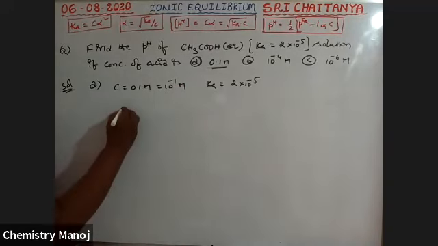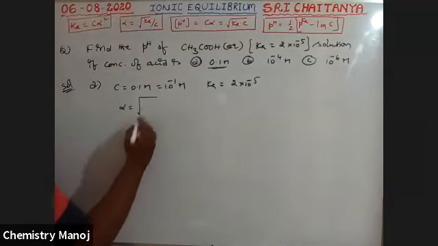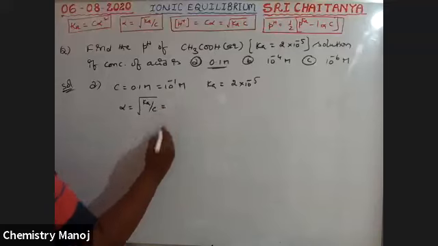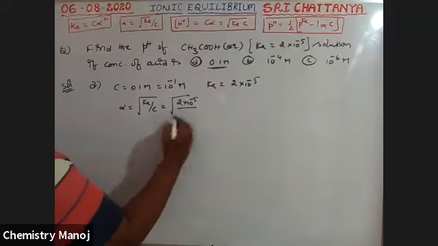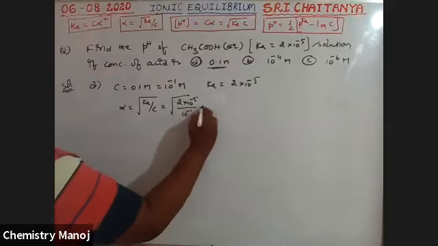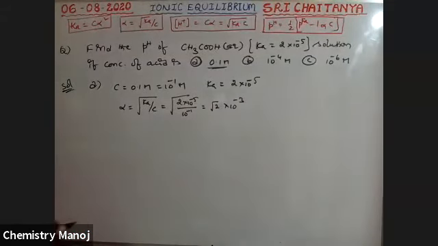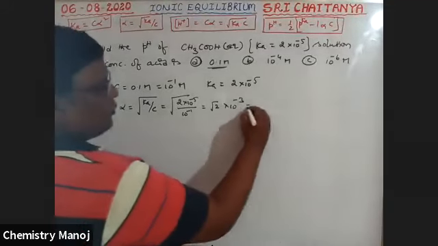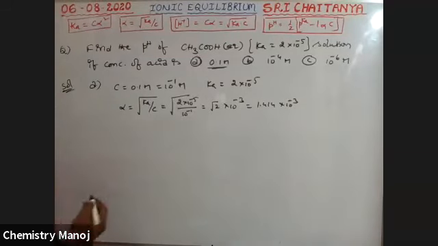Now I am calculating the alpha value. Alpha is equal to under root Ka by C, that is under root 2 into 10 power minus 5 by 10 power minus 1, which is equal to root 2 into 10 power minus 3, which is equal to 1.414 into 10 power minus 3.